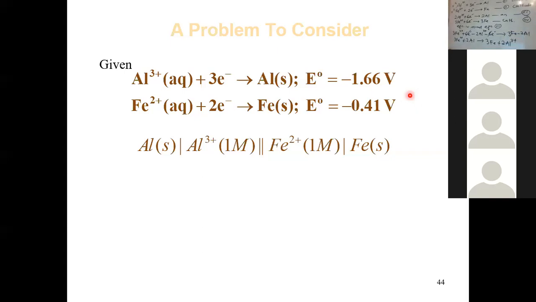So as a matter of fact, why we have to reverse your value of oxidation potential, like I explained earlier, is that reduction potential is given as a reduction cell reaction.